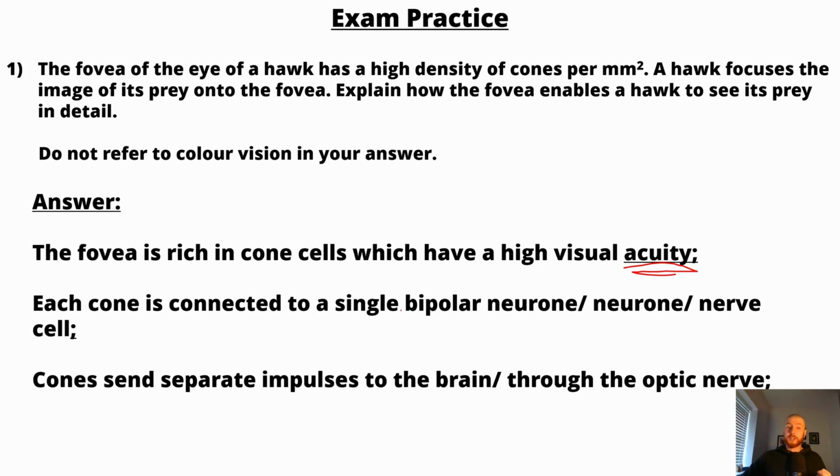You could say it's connected to a single bipolar neuron, you could say each cone is connected to a single neuron, or you could say each cone is connected to a single nerve cell. You would not get the mark for saying a single nerve because a nerve is a bundle of neurons. Now, next of all, cones send separate impulses to the brain through the optic nerve. If you get all 3 of those points, guys, you've mastered this exam question.